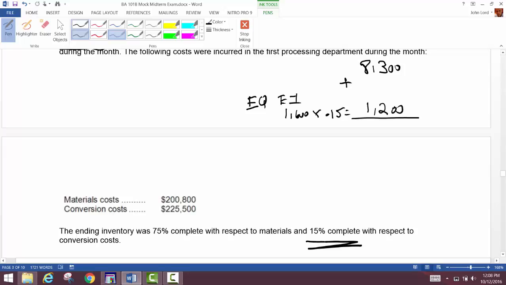So you take the 8,300 plus the 1,200. What's that give me? 9,500? Huh? 1,600 times 0.15 is 240. Okay, what did I do? I must have just multiplied times 600, I guess. That's what I did wrong.